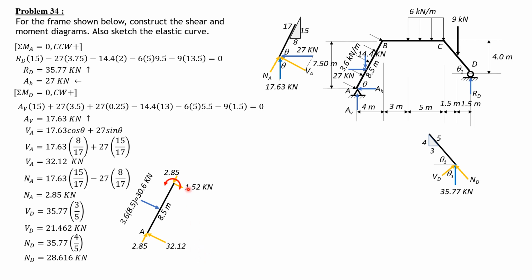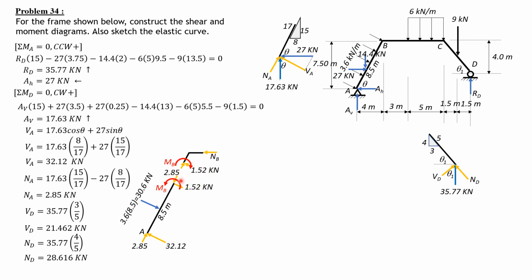So there are two ways to solve for the moment at B. It's 32.12 times 8.5 minus 30.6 times 4.25, half of 8.5. Or the other way, based on this figure here, it is AH, 27 times 7.5, plus AV, 17.63 times 4, then minus 30.6 times 4.25. So this is counterclockwise.